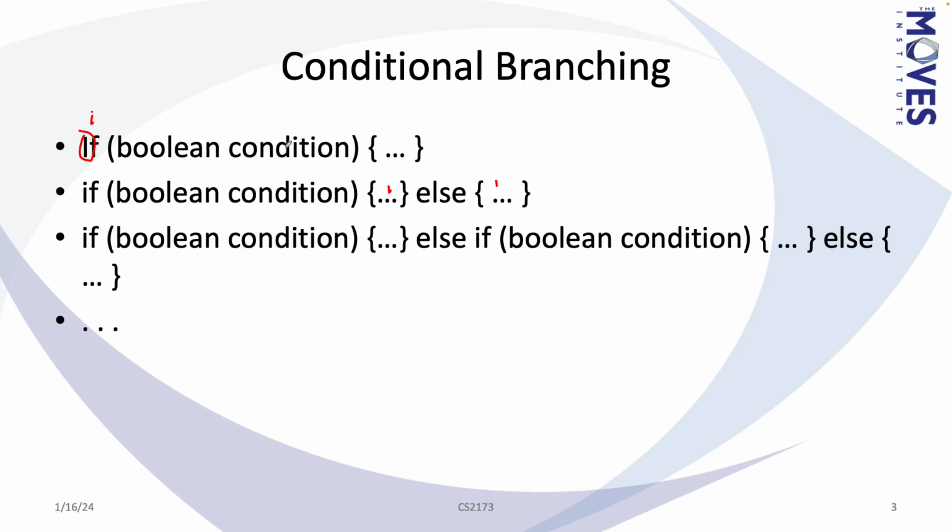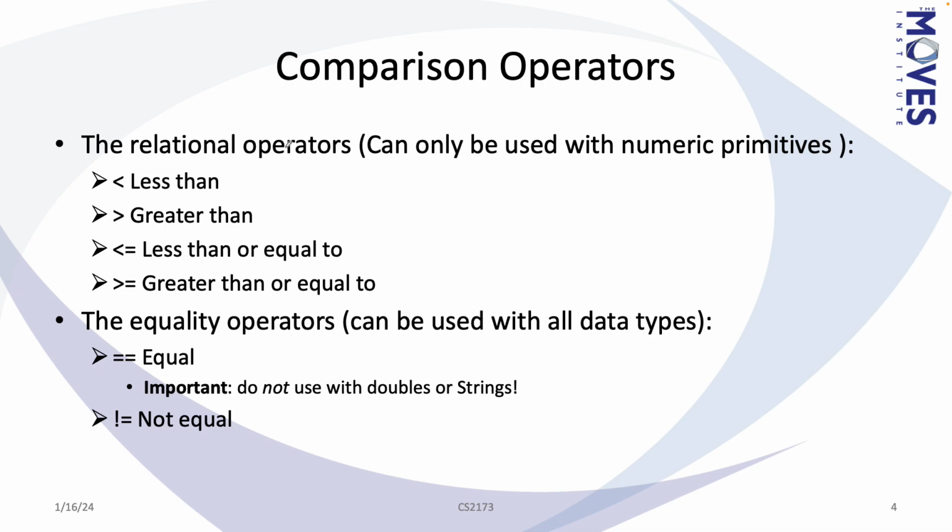Okay, so what goes into these Boolean conditions? This is something you've all dealt with. Very typically, a lot of times we're comparing numbers. So we have relational operators: less than, greater than, less than or equal to, greater than or equal to. Those are when I'm comparing numbers. We'll see an example of that in a little bit.